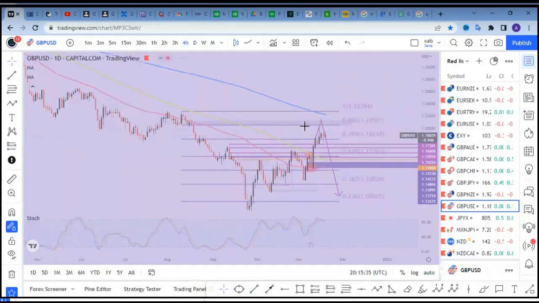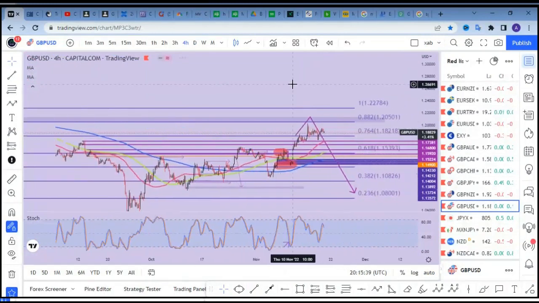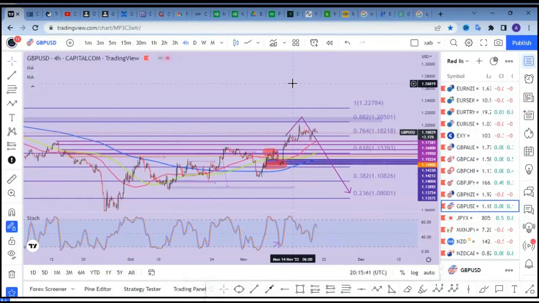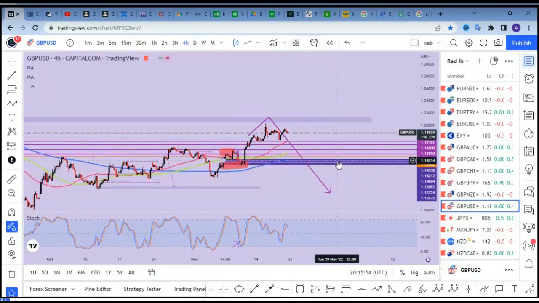However, on the 4 hours time frame, let's take a closer look at what we have here. I think on the 4 hours time frame, there's possibility of something else entirely playing out.